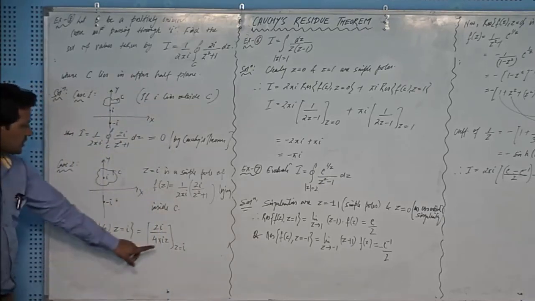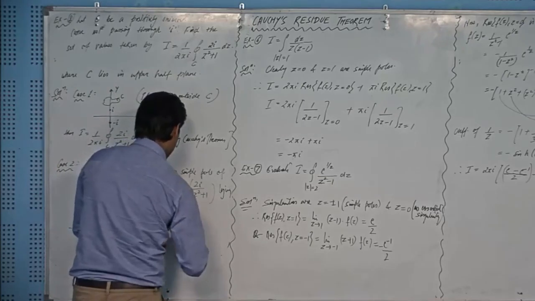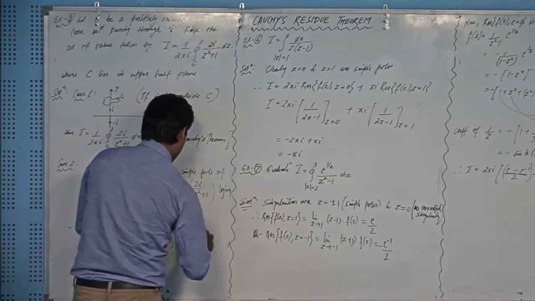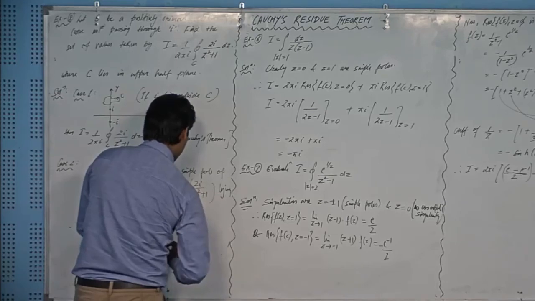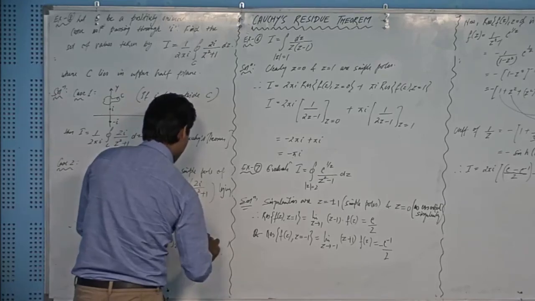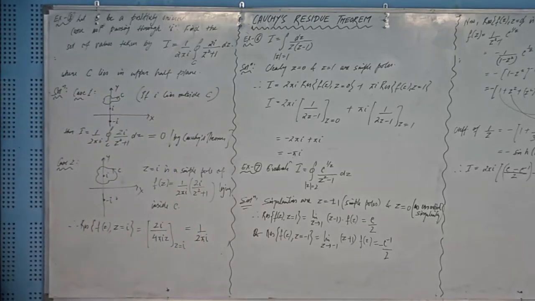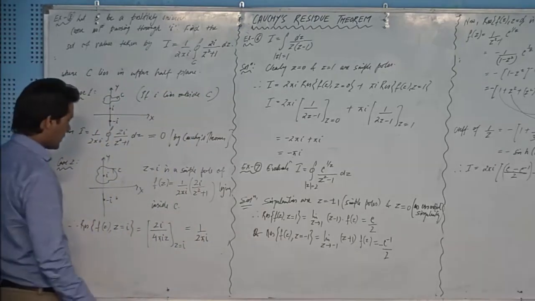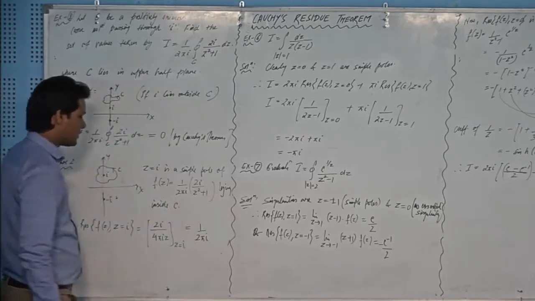You will get, yeah, this 2 iota will be cancelled, and you will get 1 over 2 pi iota, right? And you can rationalize it, or you just leave it, right?